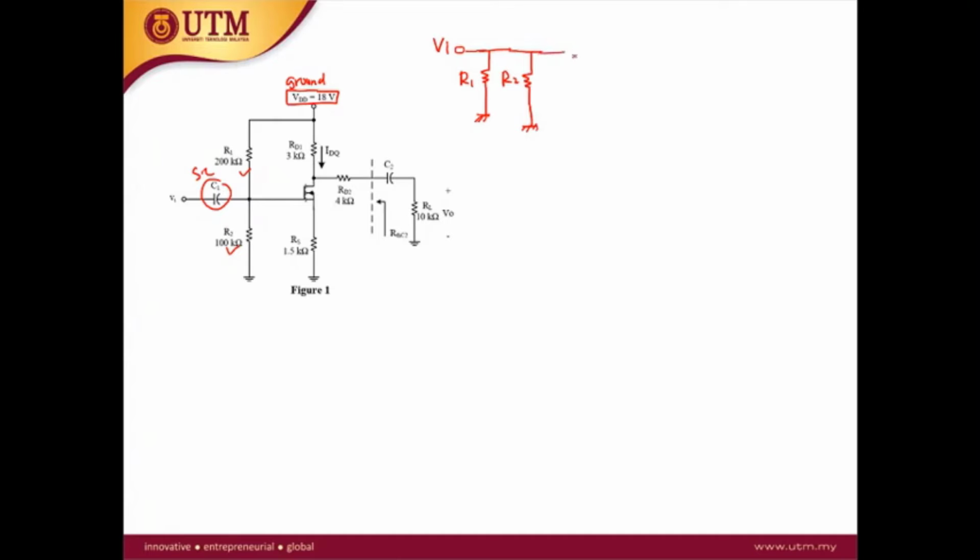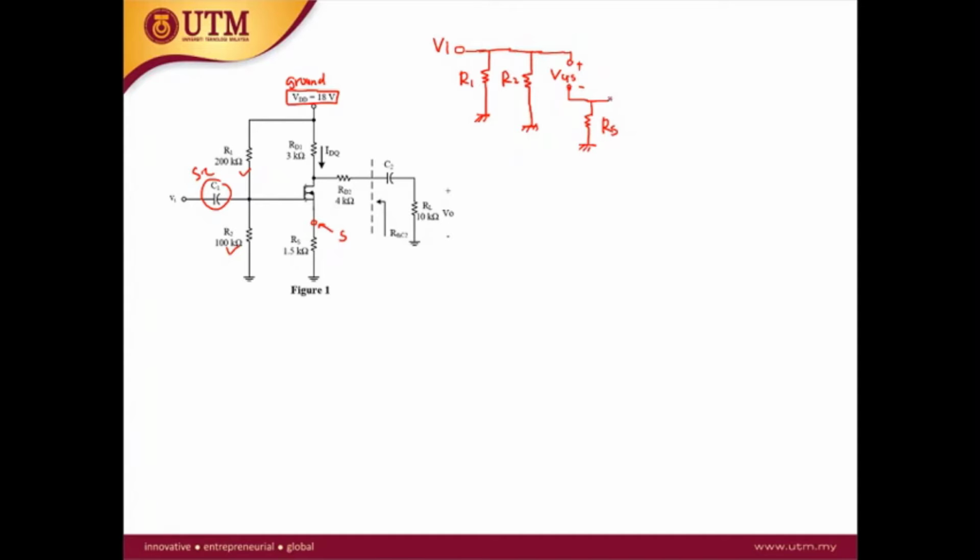Okay, and then we come to the gate, the gate of the MOSFET. Between gate and the source, there is an open circuit, and then the voltage across the open circuit is VGS. Okay, at the source of the MOSFET, there is RS connected to the source.